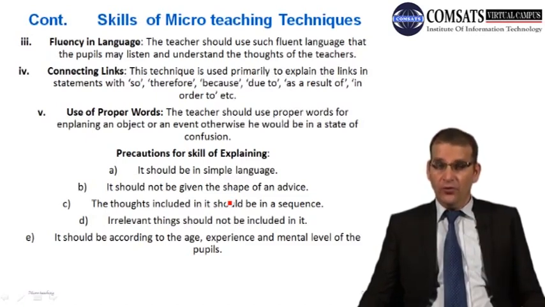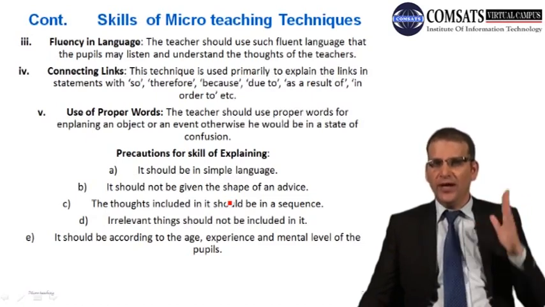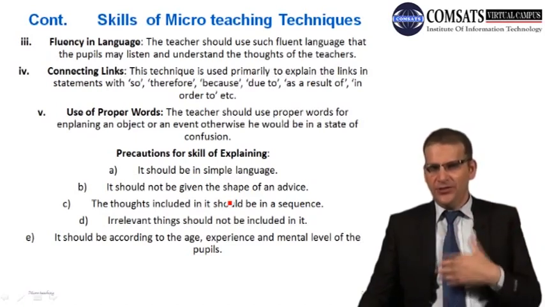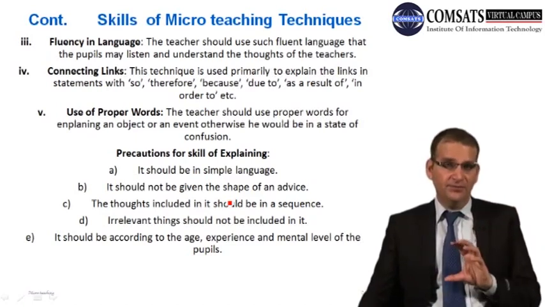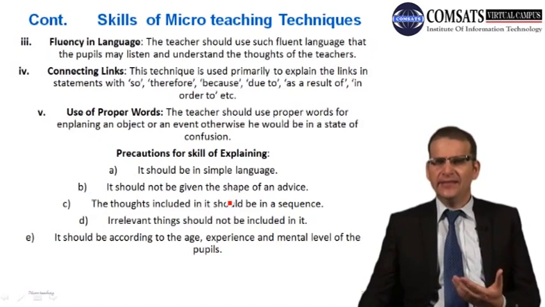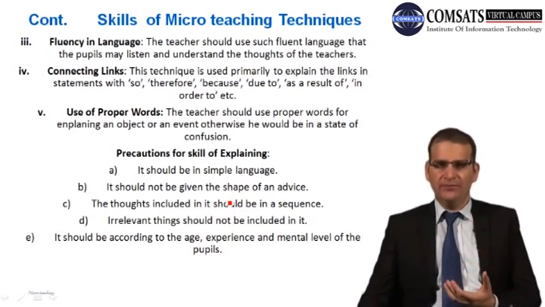It should be according to the age, experience and mental level of the pupil. Right? I mean, of course, when you're teaching adults, explanation is required there. Teaching children, explanation we need there in fact. But teaching beginners, you need more explanation, more examples. But if you feel that your learners are adult learners, then over there your explanation can be shorter.